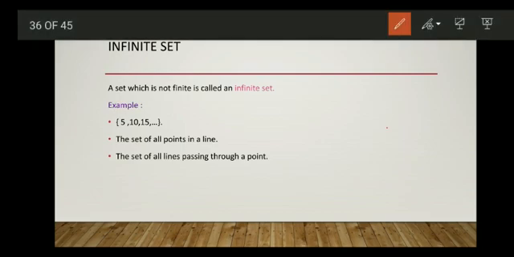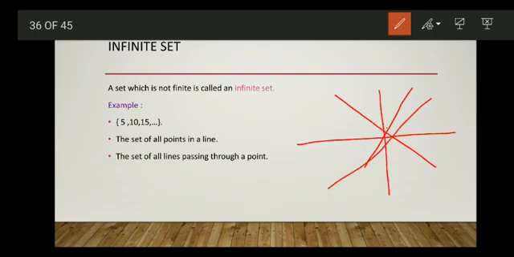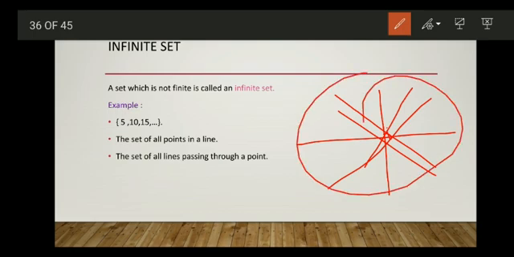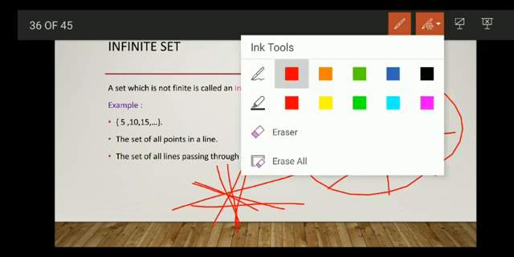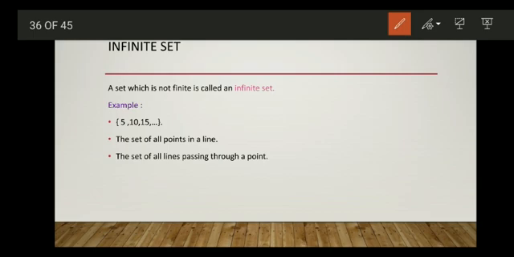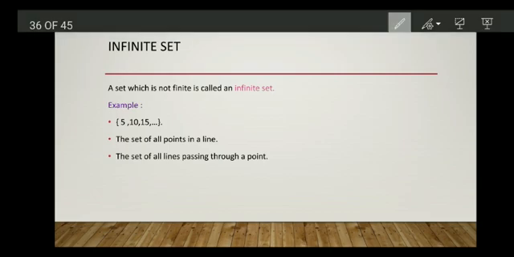If we have a point, there are many lines that can pass through that point. Here I couldn't draw properly, but if you have a point, there will be many lines passing through that point in all directions. So there are infinite lines that pass through a point. So this set is not finite, hence it is an infinite set.